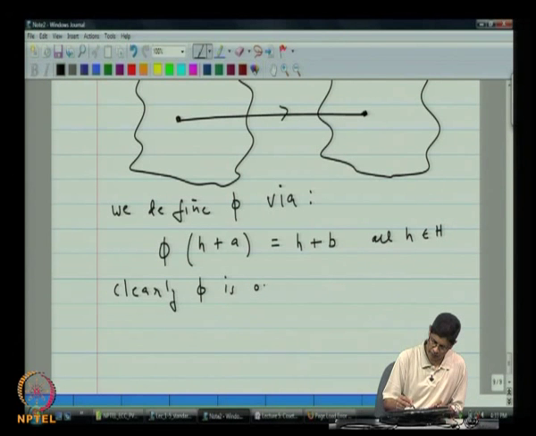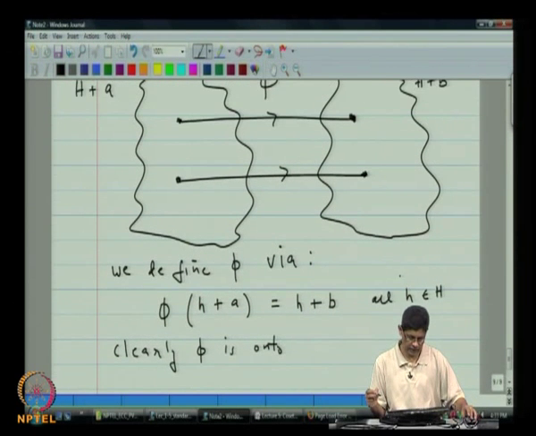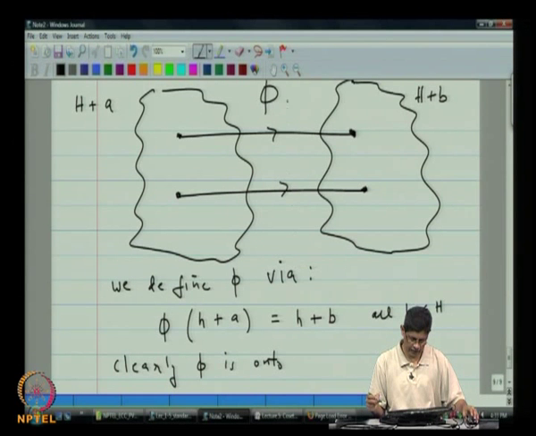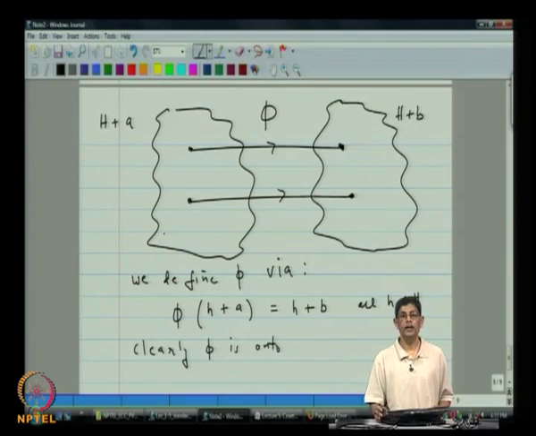Now, clearly this is onto. Phi is onto, because what does onto mean? Onto simply means we have to show that for every element on the right hand side, there is a corresponding element on the left which phi takes and maps onto that element. Okay.